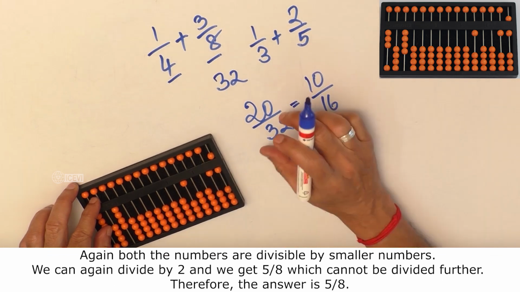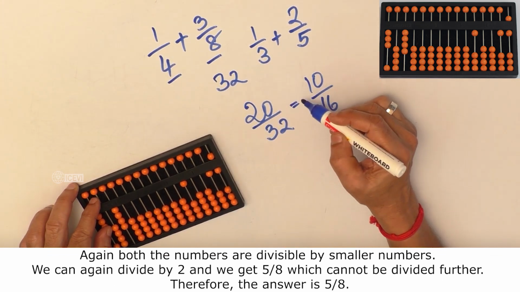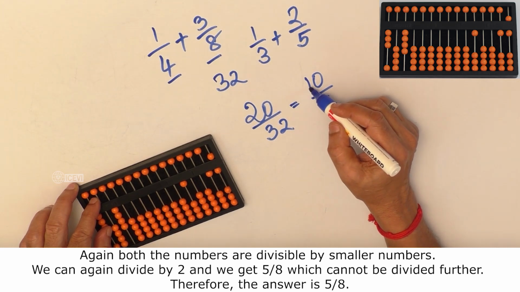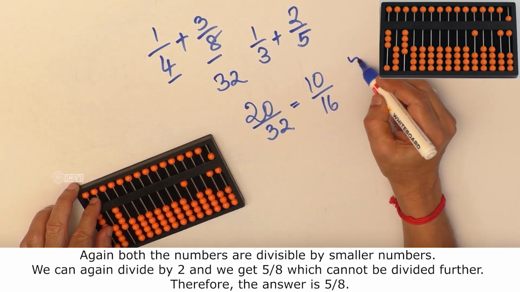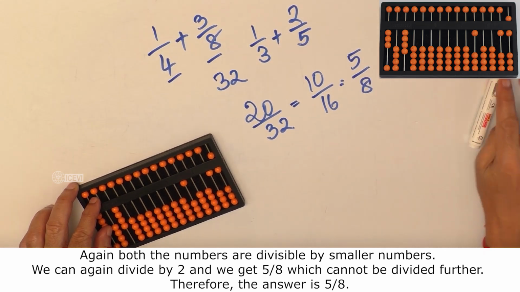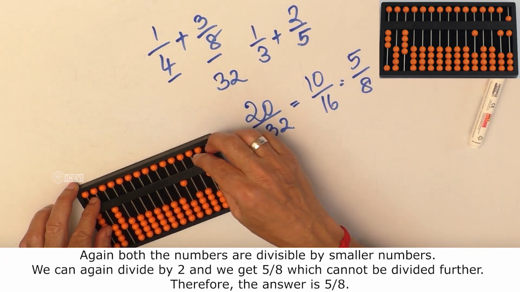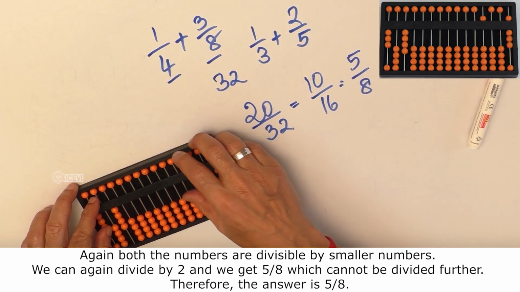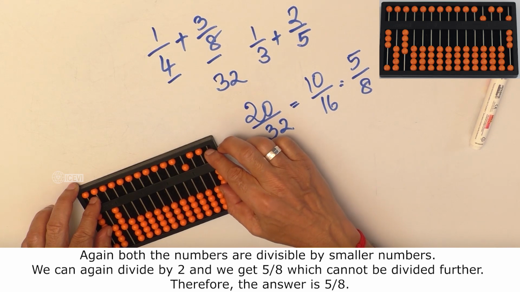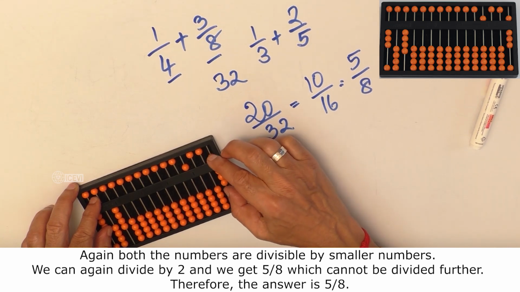Again, both the numbers are divisible by smaller numbers. We can again divide by 2 and we get 5 by 8. Therefore, the answer is 5 by 8.